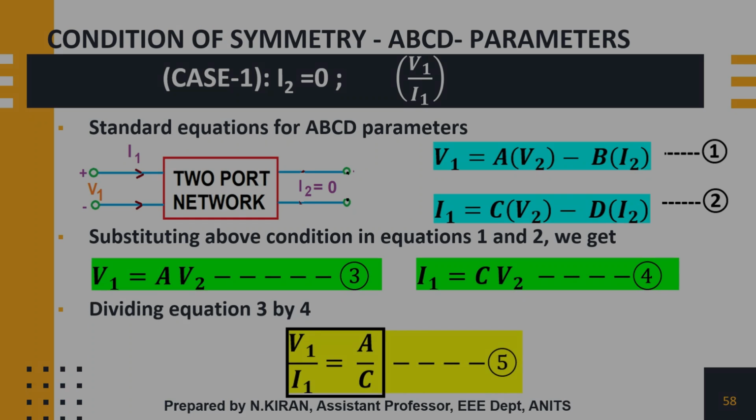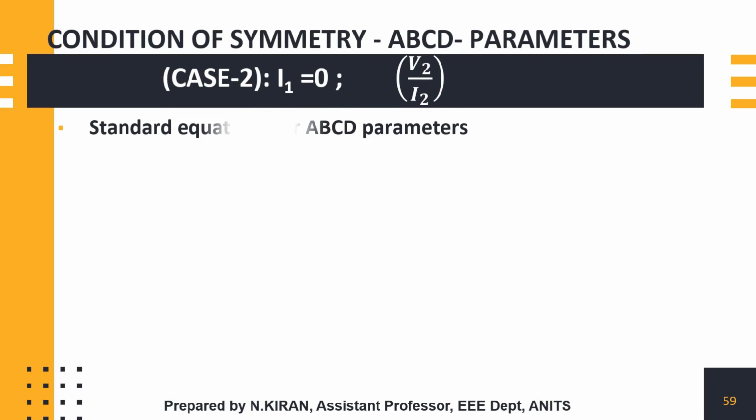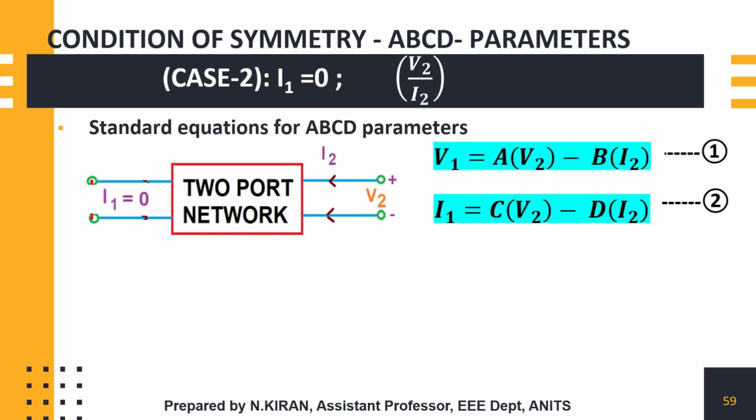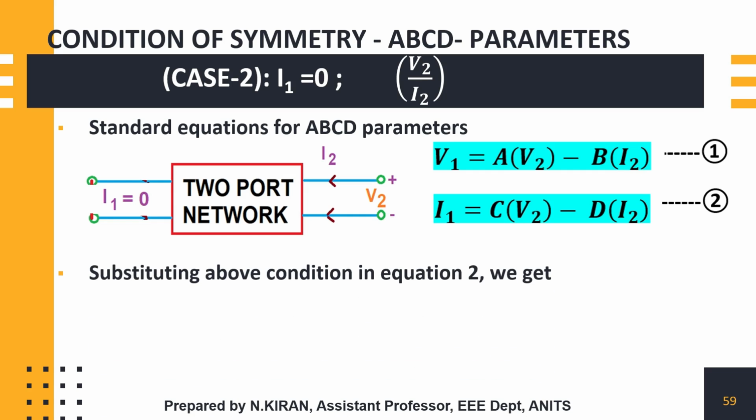So the second case, I'll consider I1 to be 0, that is open circuiting the first port. The standard equations are considered as equations 1 and 2. So when I substitute the condition in the second equation, 0 is equal to CV2 minus DI2.